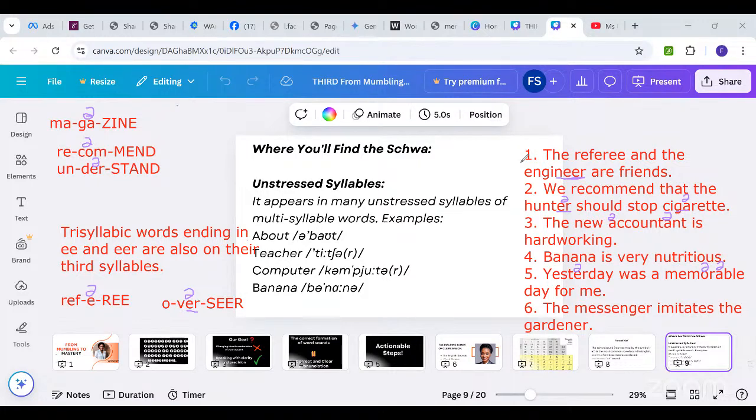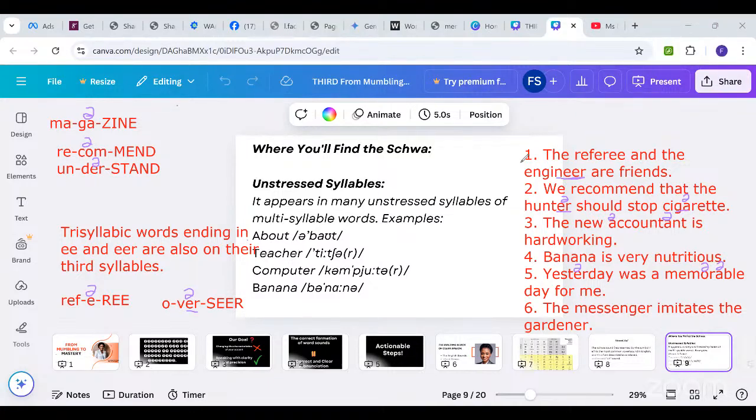Okay, the referee and the engineer are friends. Okay. The referee and the engineer are friends. Okay, Madam Mary.